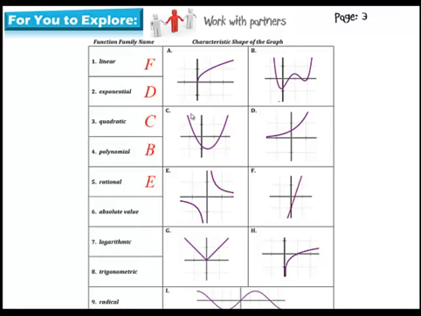Absolute value kind of looks like a parabola, but it's two linear equations, kind of like this, two linear equations that go up. And so then that would be G. So a logarithmic is the inverse of an exponential. So if you were to flip it over the y equals x line, that's going to be h. And then a trig function is a curve, kind of like a sound wave.